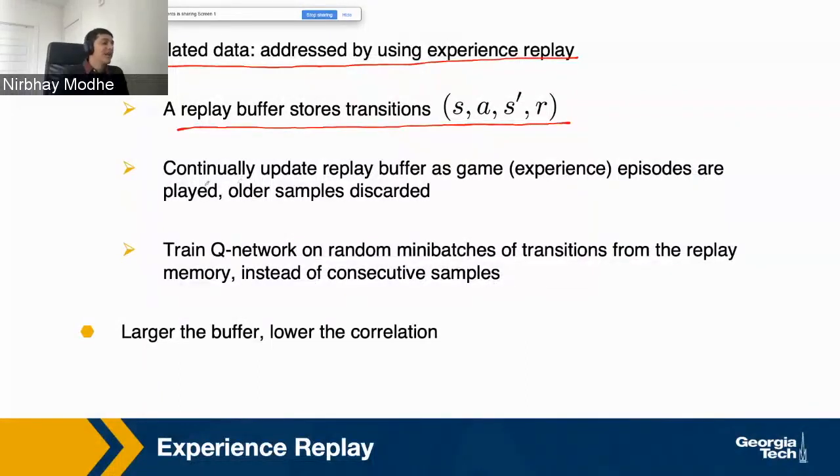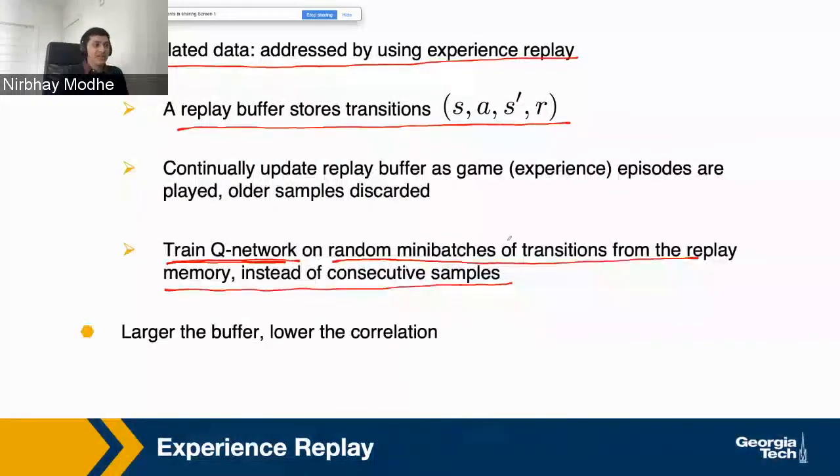The key is that we're going to train your Q network not from the latest data you got, but by randomly sampling mini batches from this entire dataset. So there's some probability that you're going to sample your (S, A, S', R) tuples from older experiences, or it could be from your newer experiences. You're going to weigh them equally.